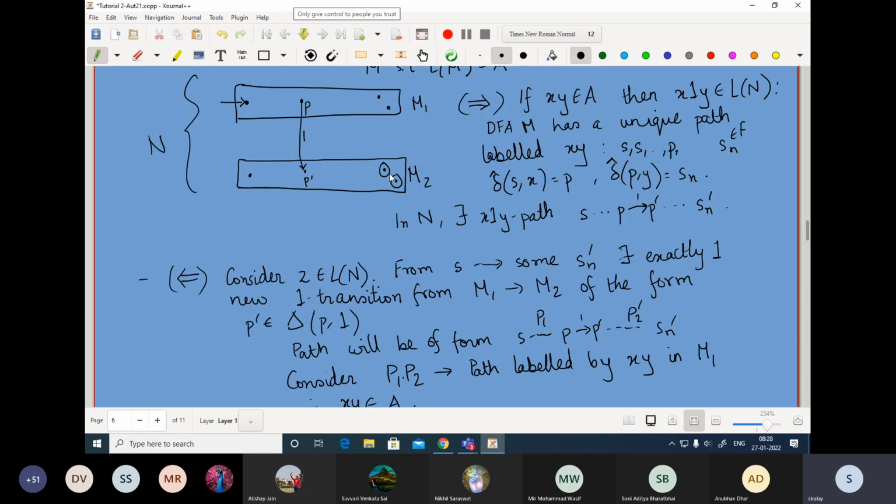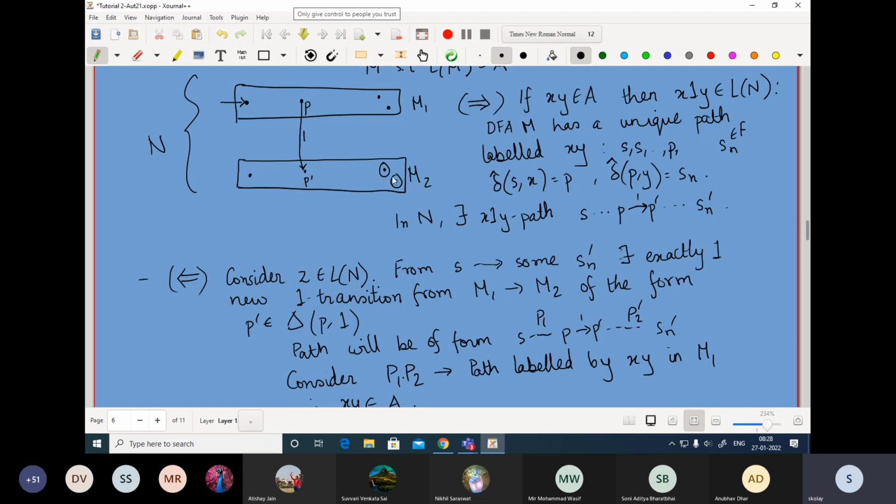And the final states were defined to be the final states of M2. M1 and M2 are copies of M. Now that means there exists a path labeled by Z such that you are going from S to some Sn dash belonging to F, the final states of M2.